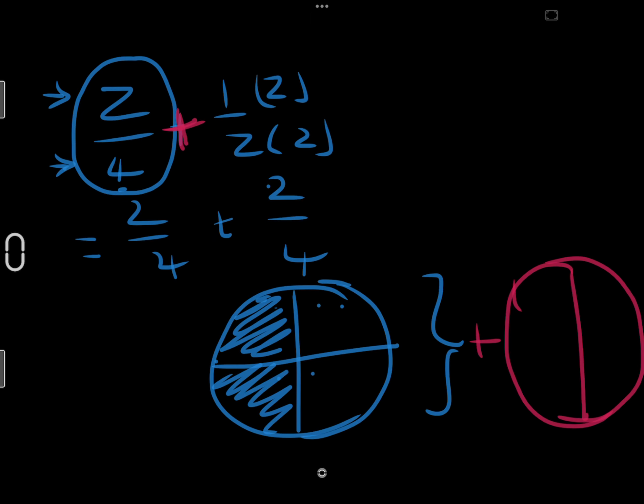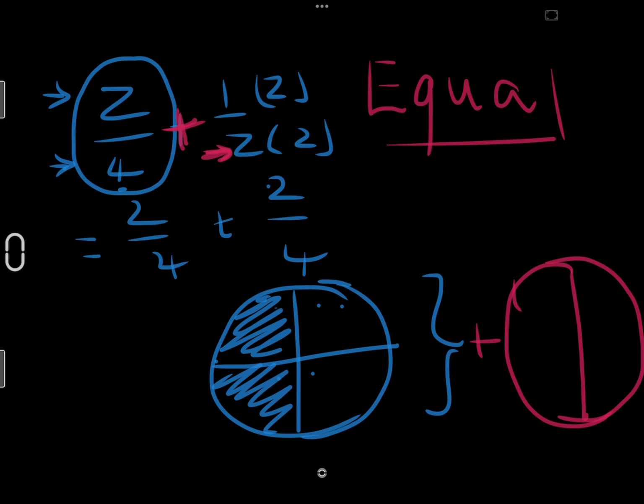If I take, remember now, this 2 reminds us of how many equal parts this pie is divided into. I'll explain further the concept of equal, very, very important when it comes to fractions. This 2 right here denotes how many equal parts this whole is divided into.